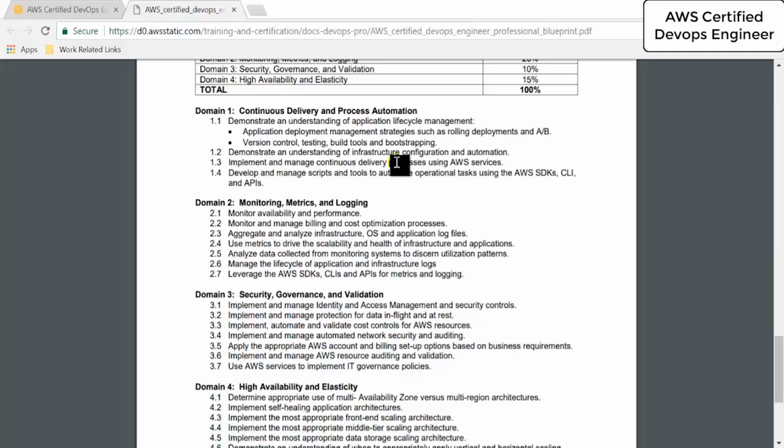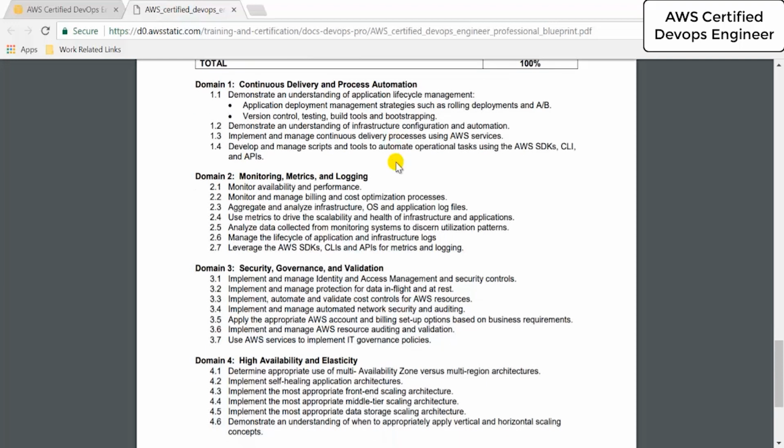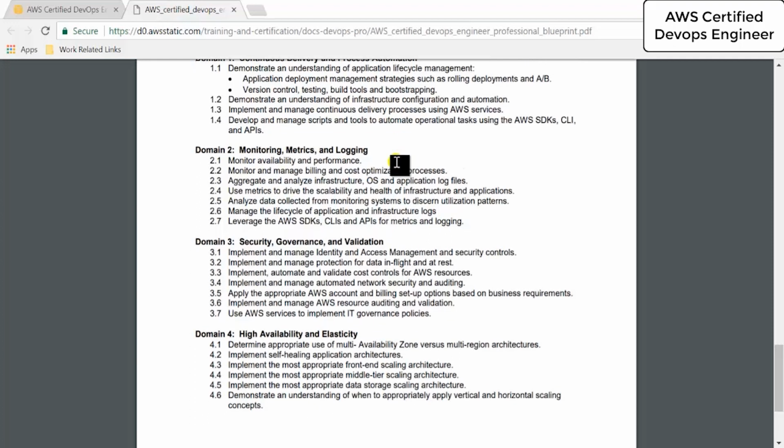Demonstrate an understanding of infrastructure configuration and automation, implement and manage continuous delivery processes using AWS services, develop and manage scripts and tools to automate operational tasks using the AWS SDKs, CLI, and APIs.